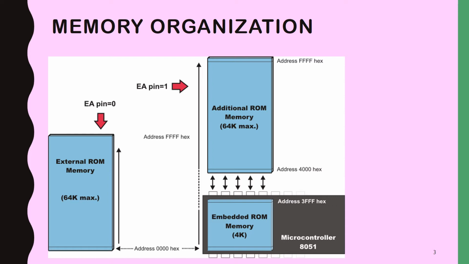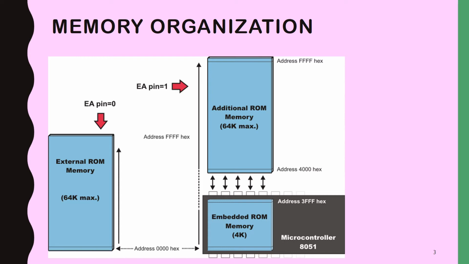Code memory specifies the locations used, and generally that is mentioned as part of the simulator, and you can use D for data memory and C for code memory as a notation.